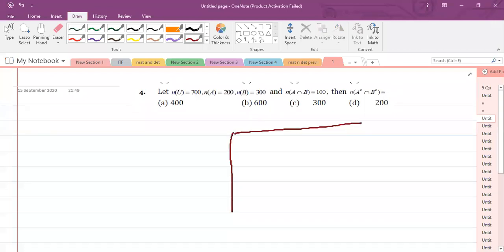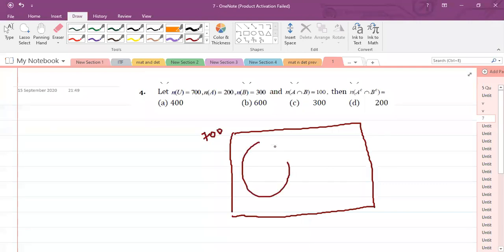Again, let me consider a Venn diagram. So U should contain 700 elements. First of all, let me fill up the intersection part. Intersection contains 100. And A should be 200 means 100 here, B should be 300 means 200 here.